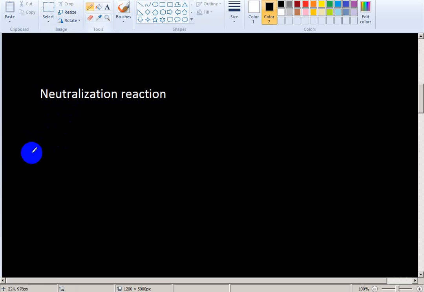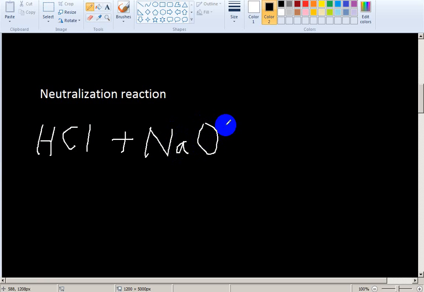Like acid HCl and base alkali sodium hydroxide, they form salt and water. The product is salt and water. Salt is sodium chloride, and water. This reaction is the neutralization reaction.